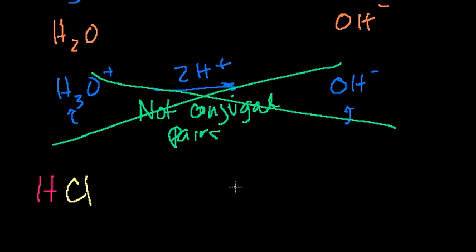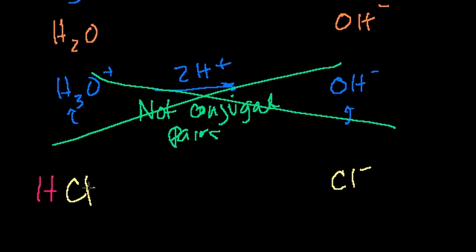It doesn't take its electron with it. So it's just going to be the chlorine negative ion. If I gave you a chlorine negative ion and asked, what's its conjugate acid? You say it's hydrochloric acid. If I gave you hydrochloric acid and asked, what's its conjugate base? You get rid of a hydrogen proton only, and you're left with the chlorine negative ion. That's its conjugate base.